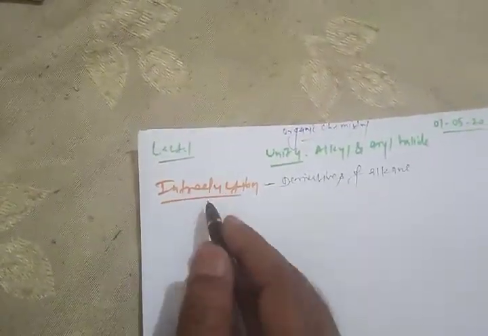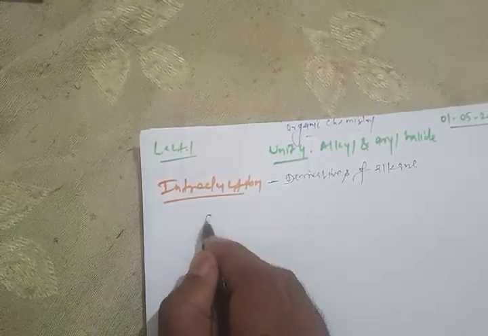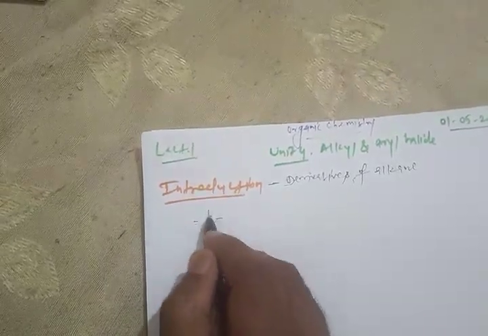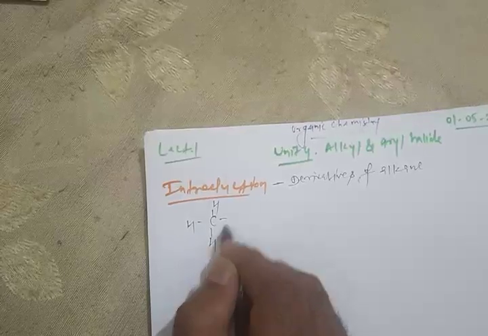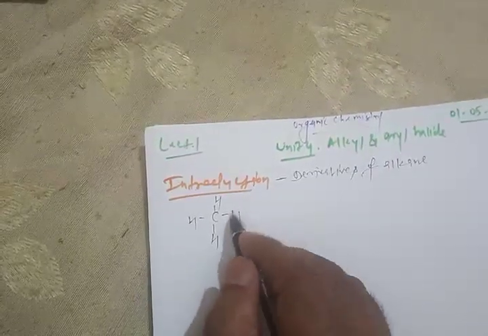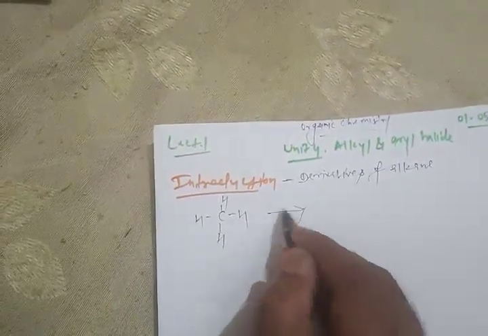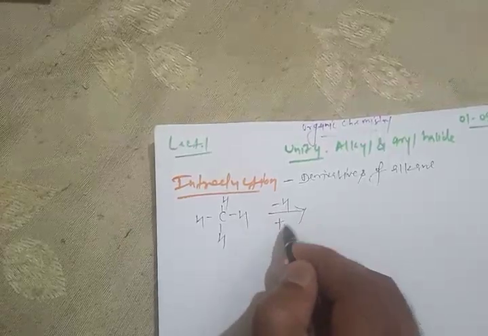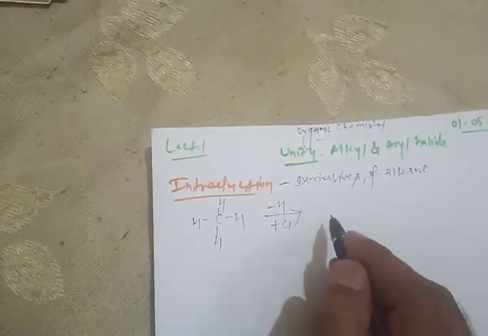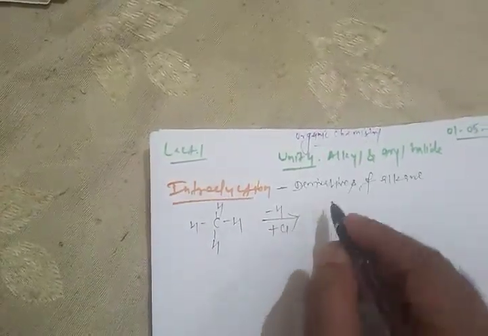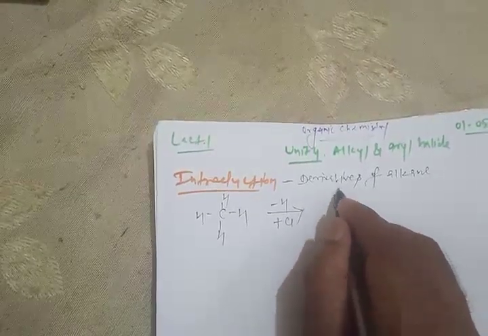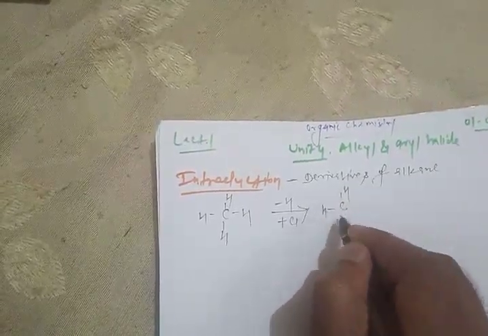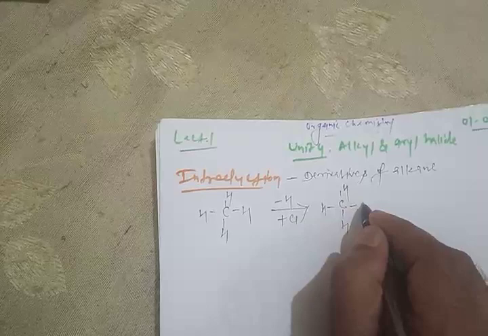So derivatives of alkanes means, if you have an alkane, the simplest one is methane, CH4, and by replacement of one hydrogen with any halogen, one hydrogen will be replaced and one chlorine will be added, this will certainly give you an alkyl halide.